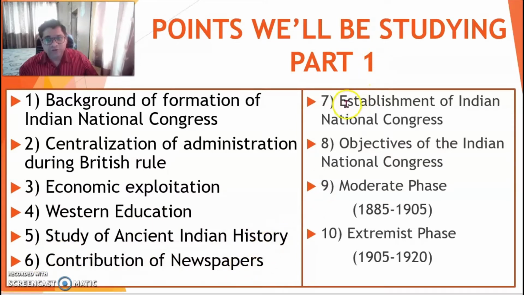Next we'll come to establishment of Indian National Congress, objectives of the Indian National Congress, and lastly, very important, the moderate phase, which was from 1885 to 1905, and the extremist phase, from 1905 to 1920. We will learn all this in part 1. Let's go ahead.